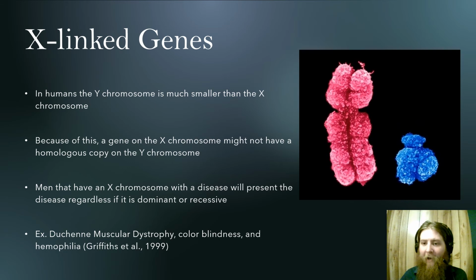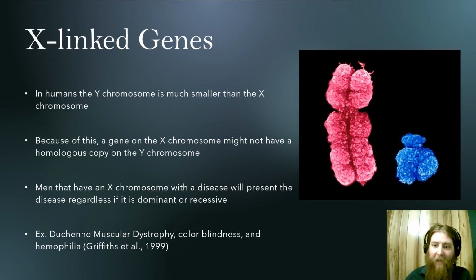So with pedigrees, we can talk about X-linked genes, especially in humans. In humans, the Y chromosome is much smaller than the X chromosome. And you can see that in this image above me. Because of this, a gene on the X chromosome might not have a homologous copy on the Y chromosome. There might be this empty space where this other gene is supposed to be.